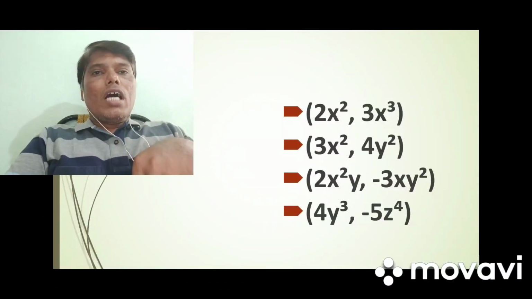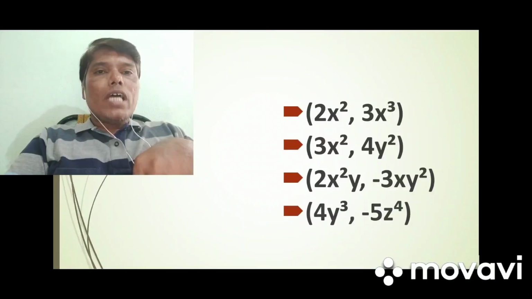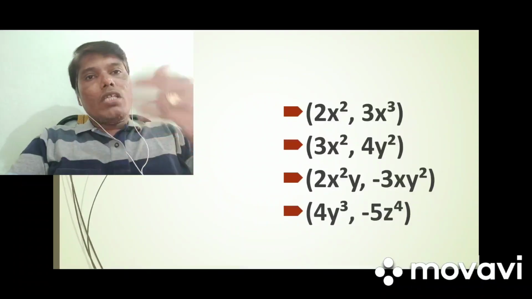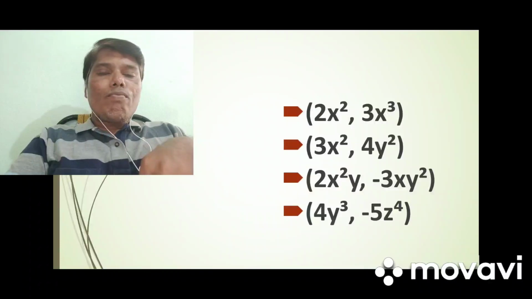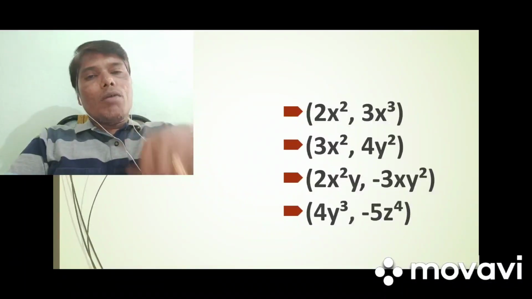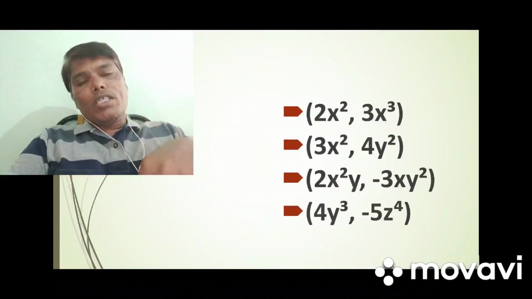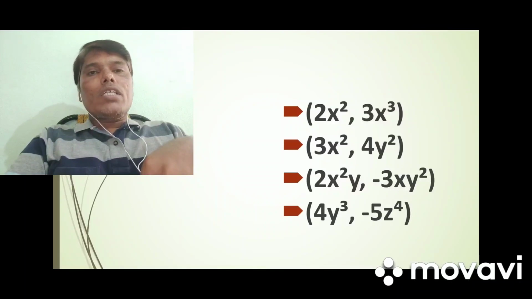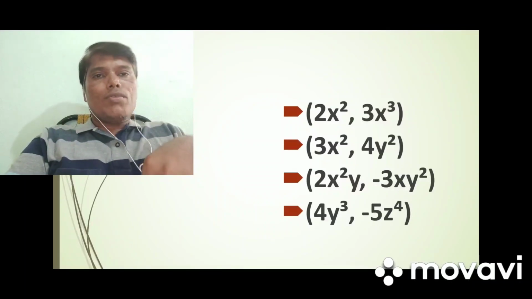So unlike terms means the terms having same variables with different exponents, or the terms having same exponents with different variables, or the terms having different variables and different exponents. Okay, so these are called unlike terms.